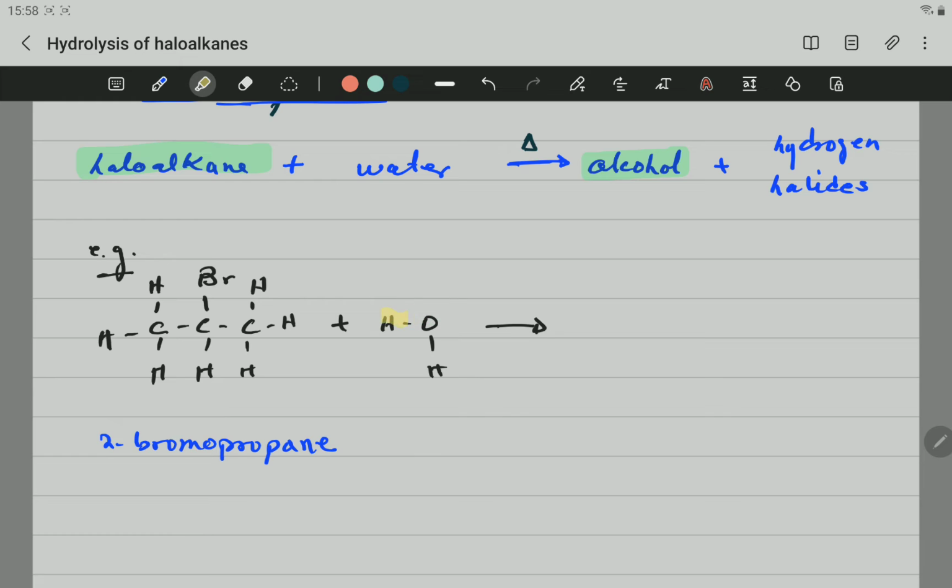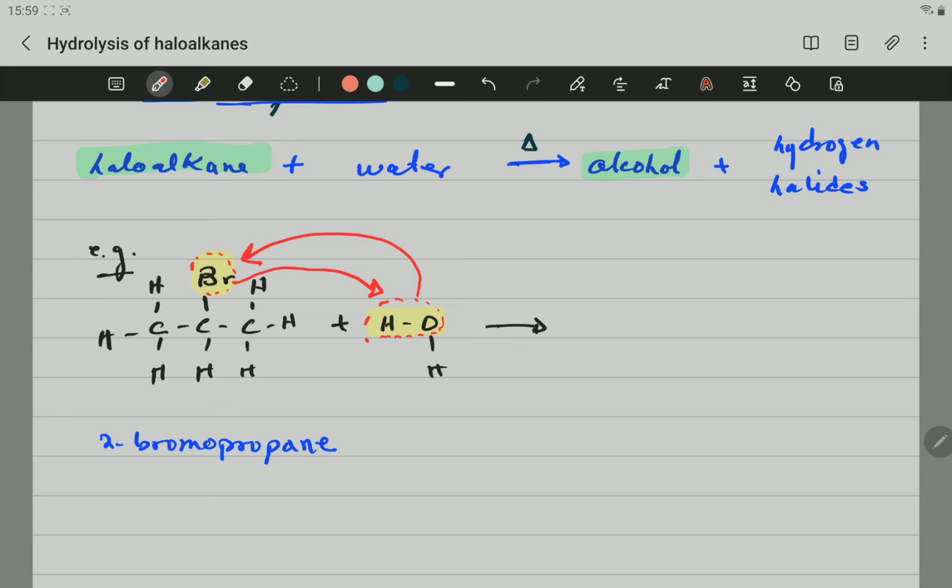This OH from the water is going to change place with the halogen, wherever the halogen is located. So the OH will go in the place there, and the Br will be taken from there and placed where the OH was.